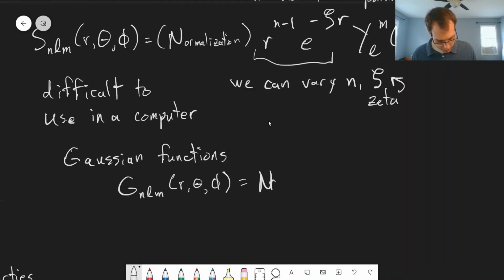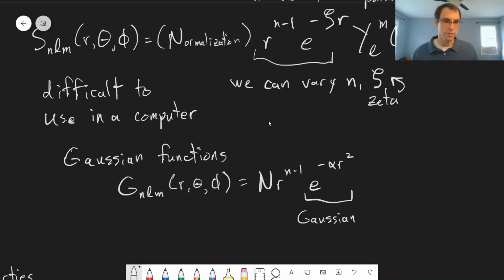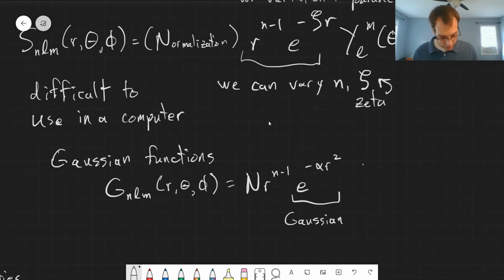And the main thing that we change is that instead of this e to the minus zeta r, we get e to the minus alpha r squared. And this is the Gaussian part of our Gaussian wave functions, because e to the minus x squared is a Gaussian function. And then we still have our spherical harmonics, Y_lm, theta and phi.